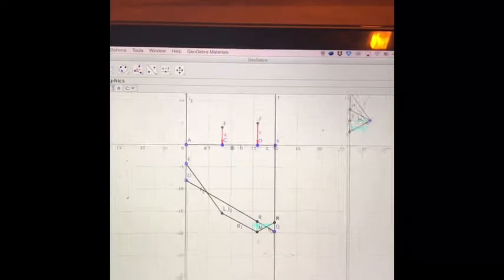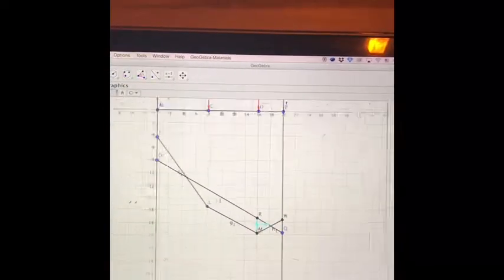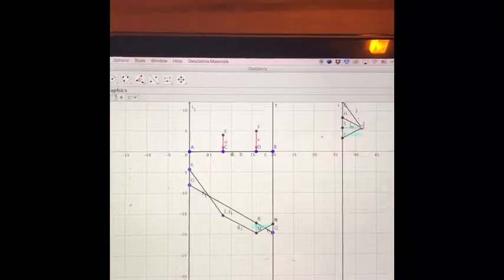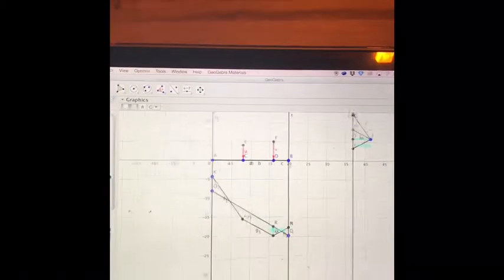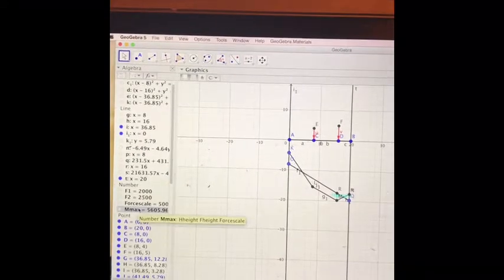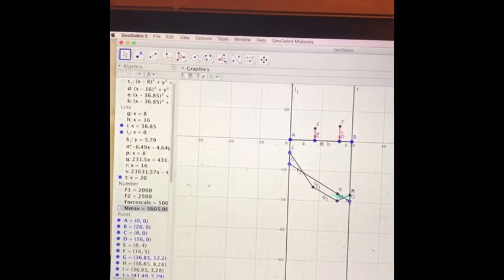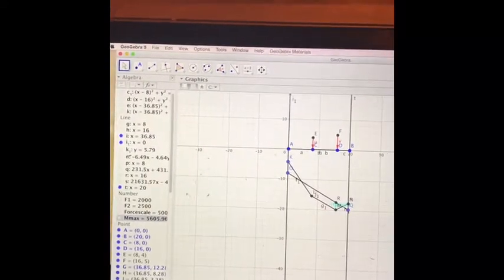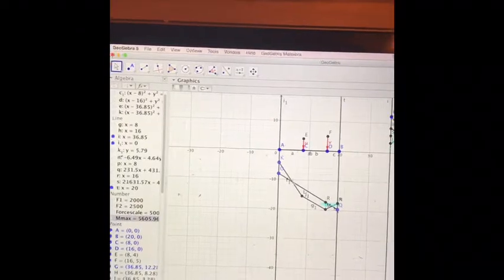In the end we found this is the H height and this is the H force. And we found the maximum bending moment in this indeterminate concrete beam is 5,605.96, and I think the deflection point should be about the same.